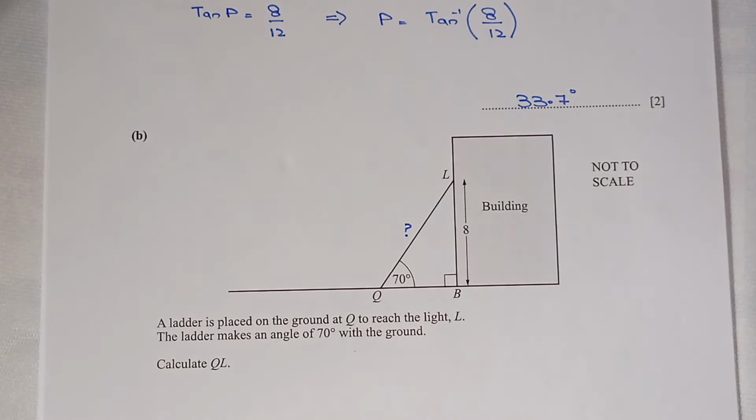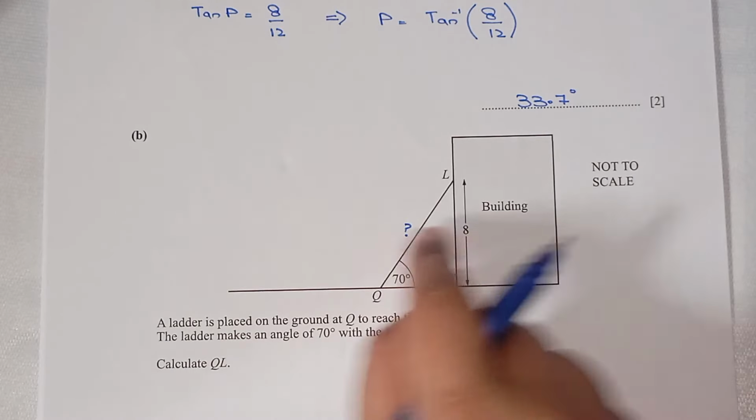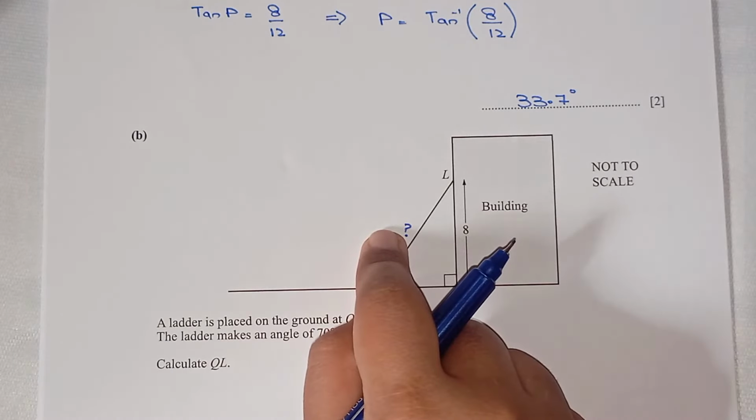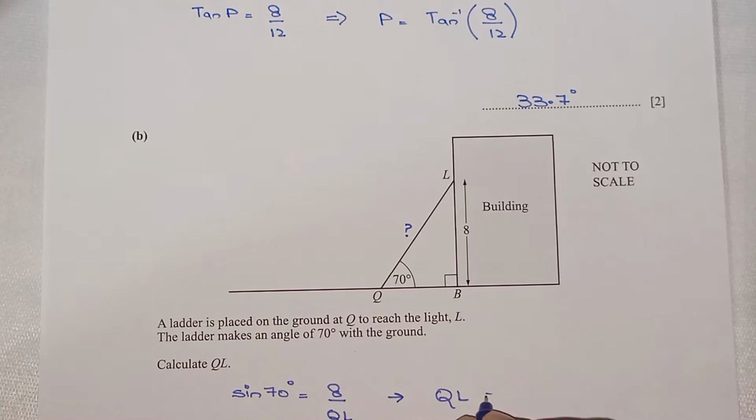We can use a trigonometric ratio. So we have opposite and hypotenuse we need to work. So we can use a ratio for sine. Sine 70 would be equal to opposite over hypotenuse. Opposite is 8 and hypotenuse is QL. So from here QL would be equal to 8 over sine 70.